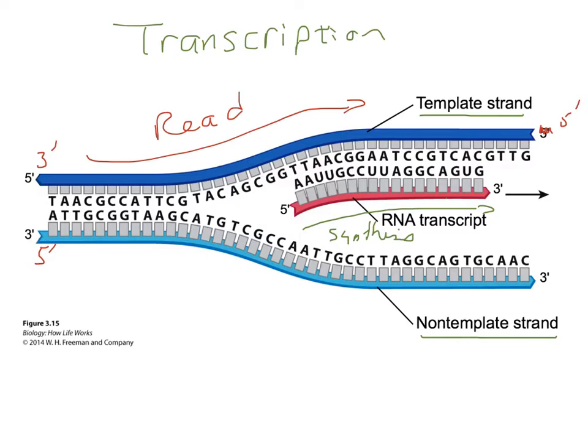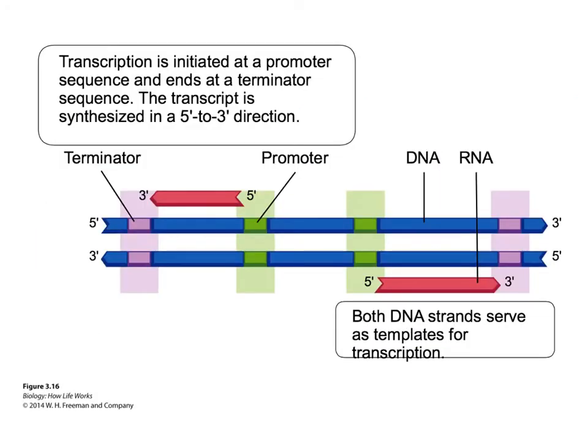So let's look at some DNA. We're going to simplify our diagram a little in terms of the way the DNA appears. What we want to look at is a couple of things. First, let's look at the promoter. The promoter is the RNA polymerase binding site.